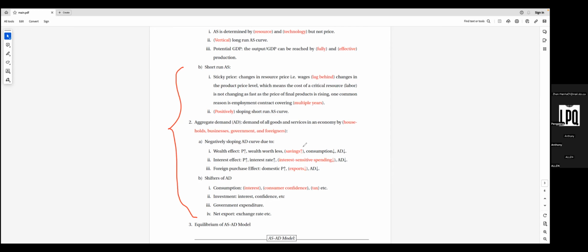And AD is downward sloping because, generally speaking, when the general price level decreases, people want to buy more. Next time, we will do a more theoretical, more systematic, more formal explanation of why short-term AS is positive sloping and AD is downward sloping. We will do this next time because we are running out of time.